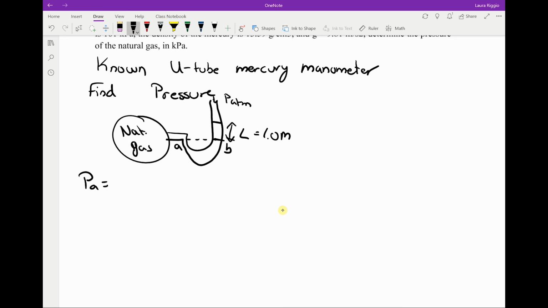So PA is our P gas, and PA is equal to PB, which is equal to P atm plus rho gL.